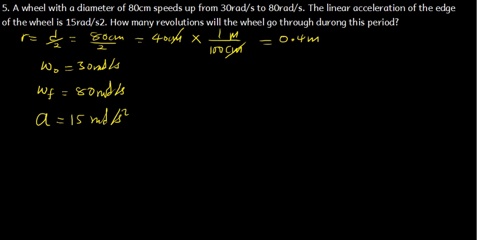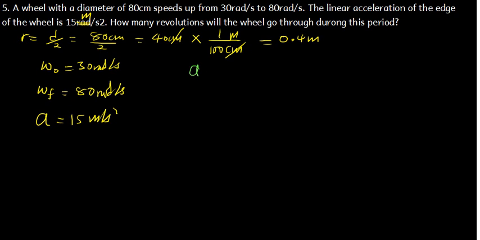Now this is the linear acceleration, and linear acceleration can't be in radians. So the unit here was just wrongly written. It is meters per second squared. Let's convert it to angular terms.